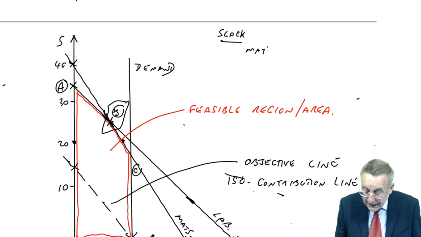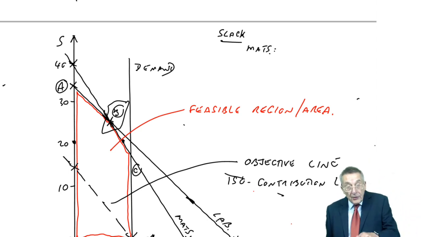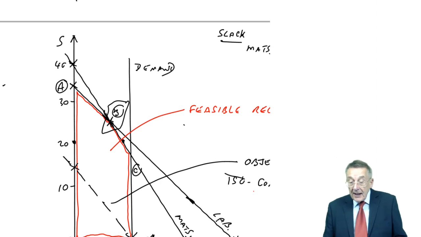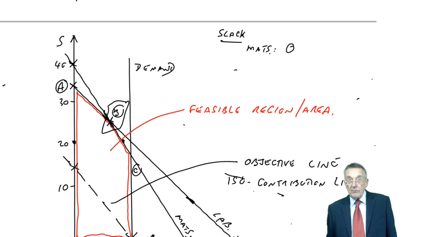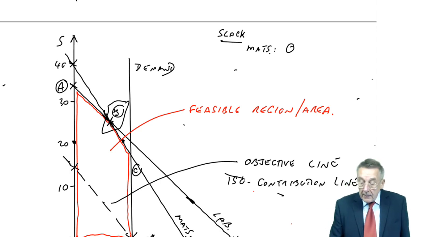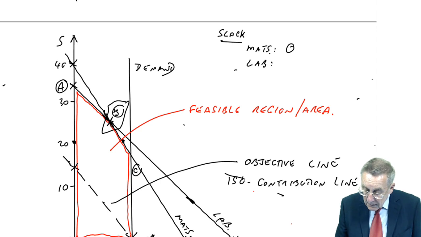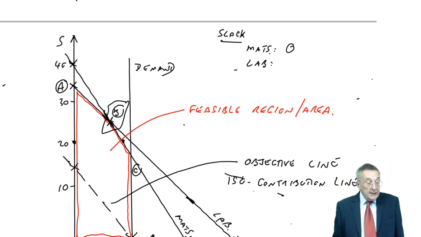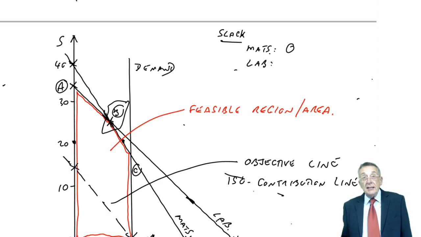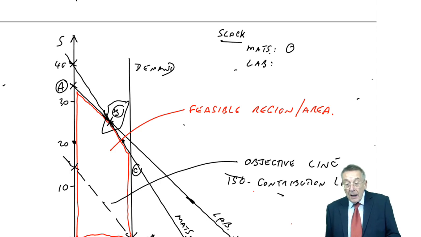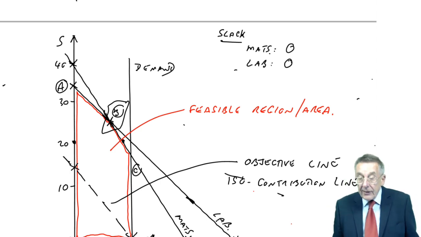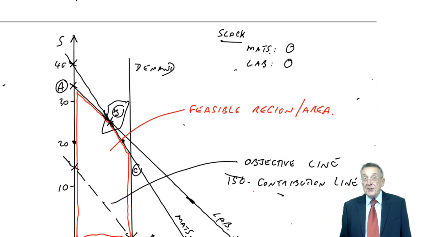But for materials, with 80 available, we're on the line, so we're using all 80. There is no spare material, there is no slack. What about labour? With 180 hours available, are we using all 180 at our optimum solution? Well, yes, we are. Point B is on the labour line. And so we're using all 180. There are no spare hours, there's no slack.